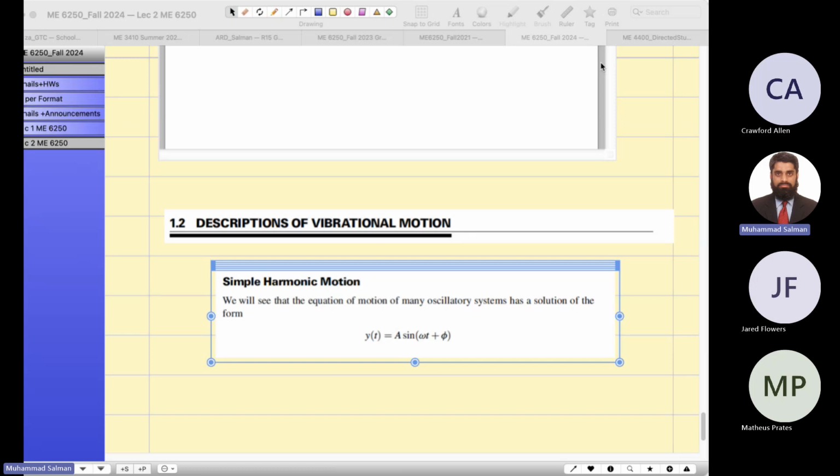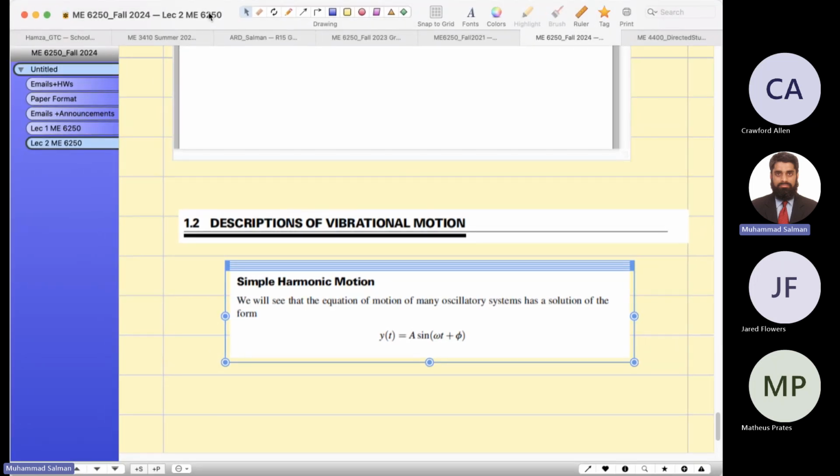Students are asking where to upload; I'll open the Dropbox for homework today, and you should be able to upload it over there. Thank you, Jared. Okay, now let's go to the theory behind simple harmonic motion.